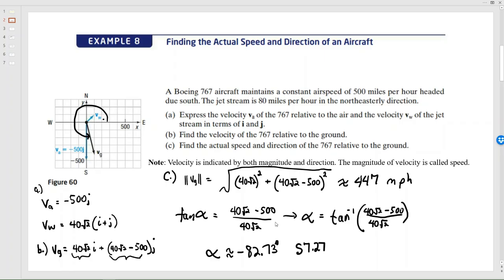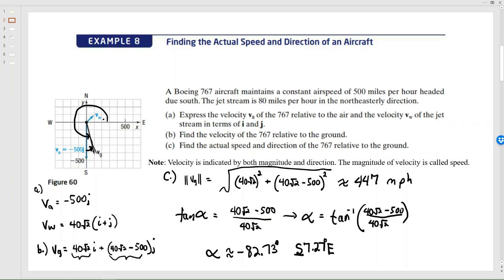So my perspective is from due south, so that's what that says. If I'm heading due south, I'm going at an angle off due south of 7.27 degrees in the east direction. So I'm 7.27 degrees favoring the east direction from due south. So that's this measurement right here. And this is our plane.